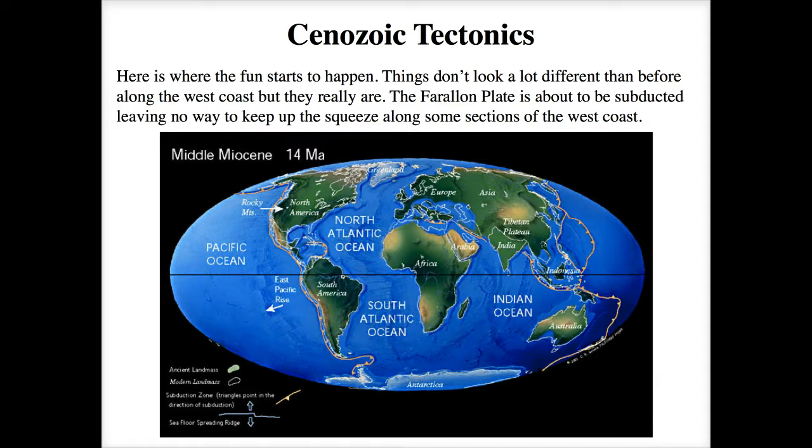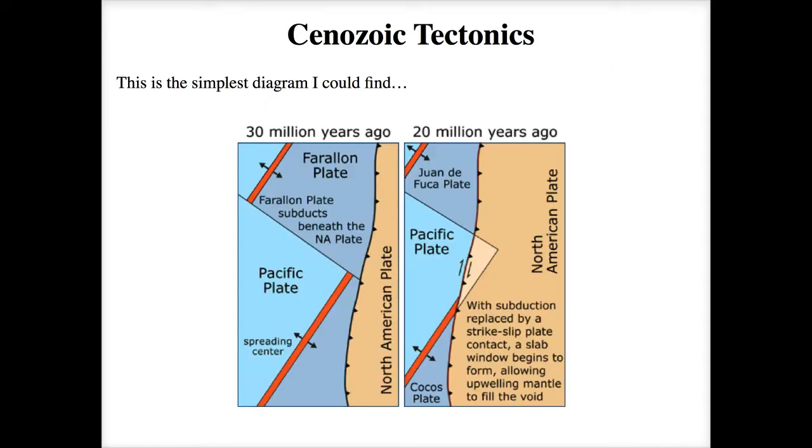So this is where we're first going to start to see the development of these different Cenozoic structures across western North America. So let's remind ourselves what's going on here. At about 30 million years ago, the Farallon plate is the plate that is subducting all along the western margin of North America. Then, because the spreading center is offset by a transform fault, this section of this spreading center is going to hit North America first.